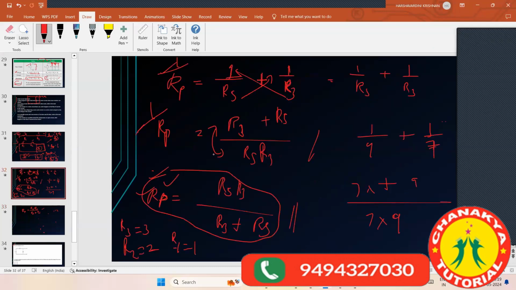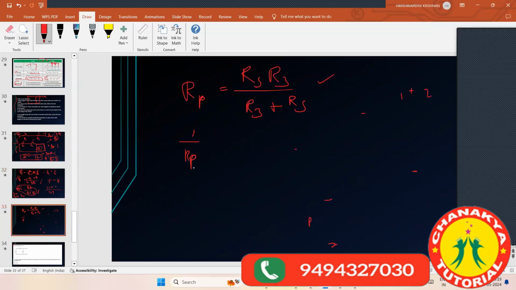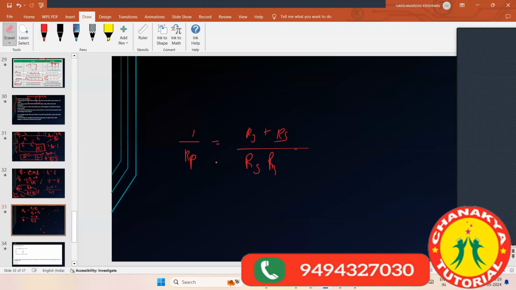So I have to convert this entire equation such that I get what RP is equal to. I am taking this RP to that side. So basically, 1 equal to R3 plus RS by RS into RP.